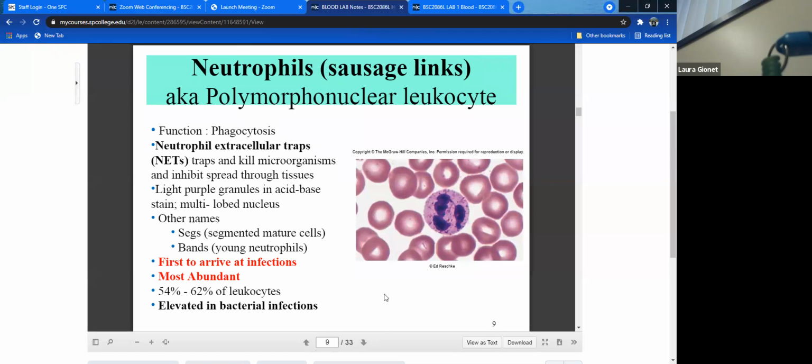So its main function is phagocytosis. They also produce NETs. They trap and kill microorganisms and inhibit spread throughout the tissues. All right, they are capable of phagocytosis, which is an active process of engulfing some kind of bacteria, and that's generally what they're going to engulf. They are the first to arrive and to elevate when you have a bacterial infection.